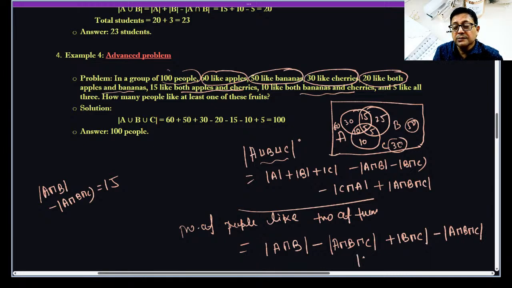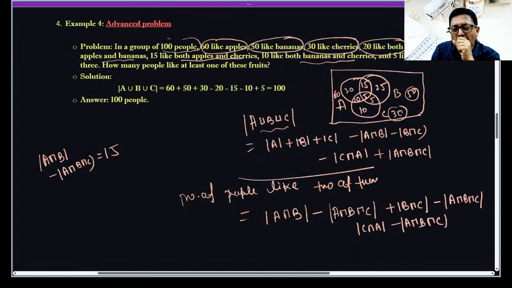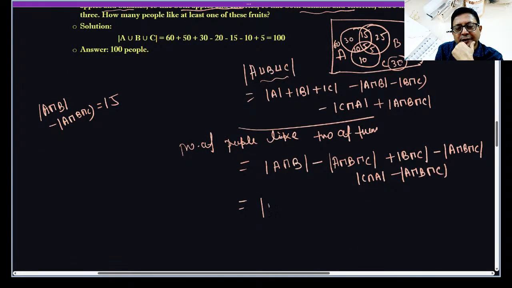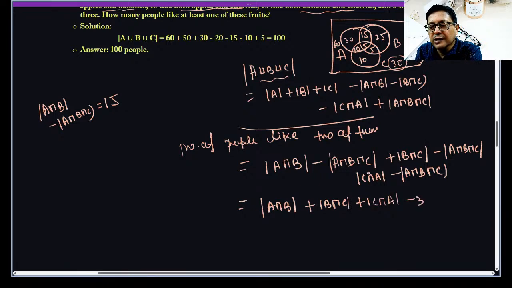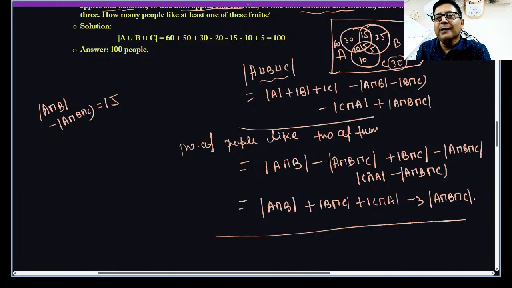And for this part, so this is going to be minus. Alright? Hope you have understood. Now put these values, and you will get it from there. Okay?